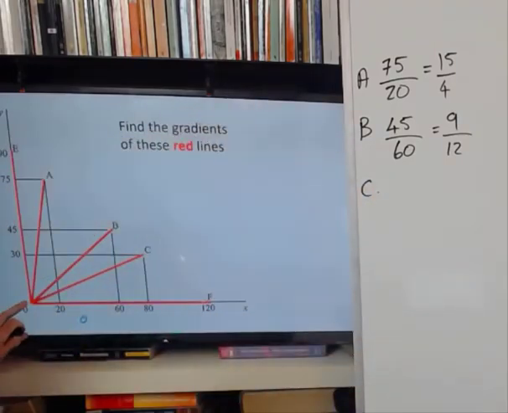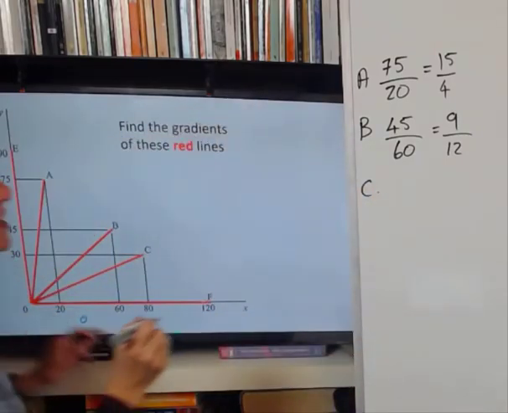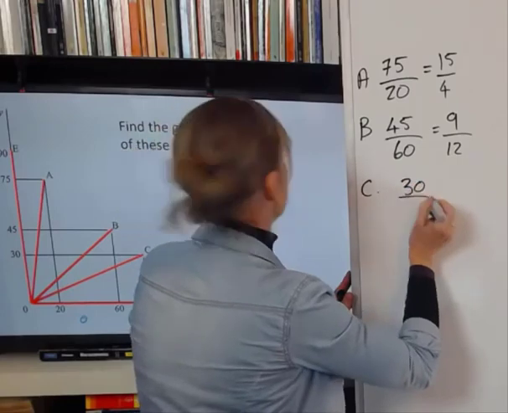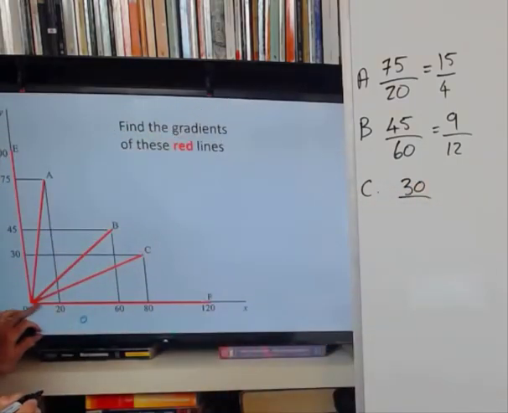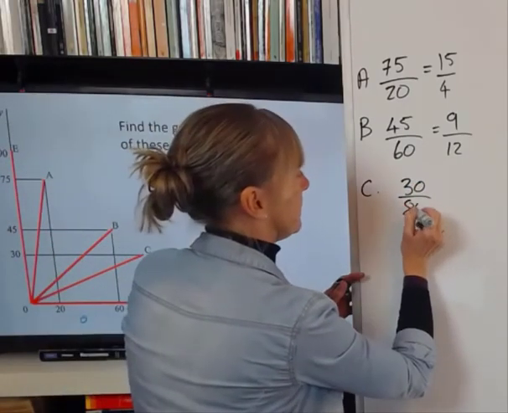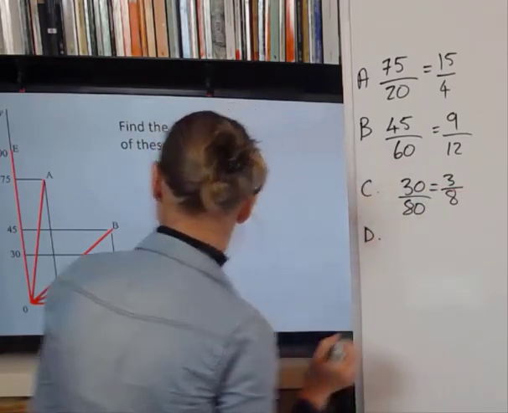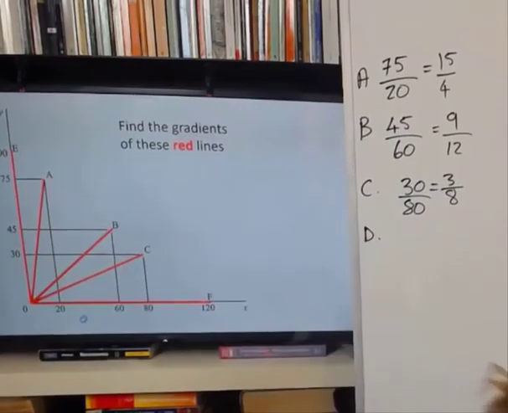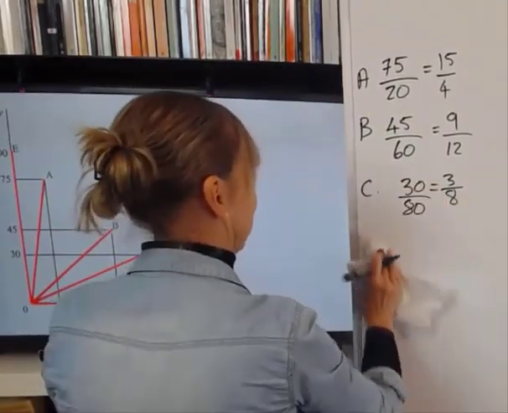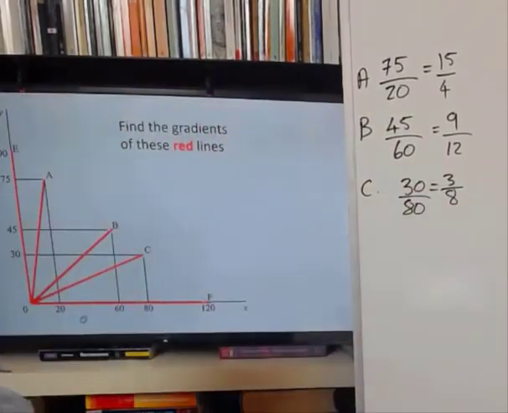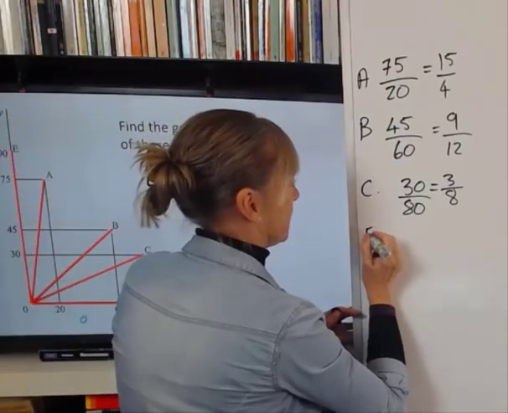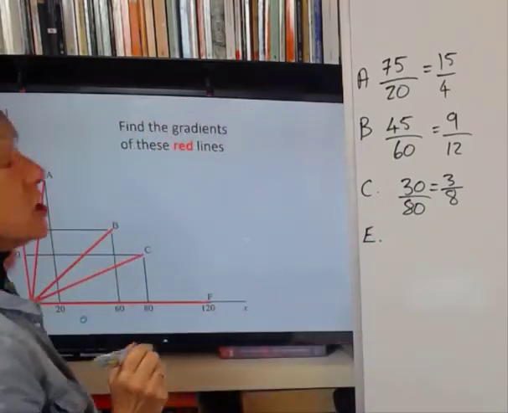C. The y value has gone from 0 to 30. The x value has gone from 0 to 80. D. There is no D. C, D, E.